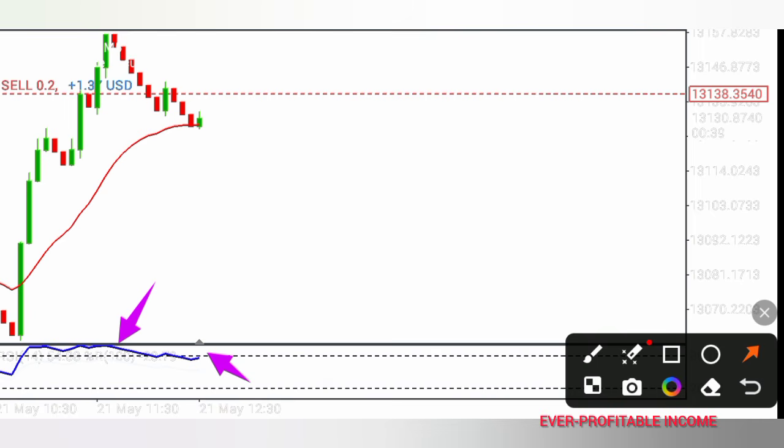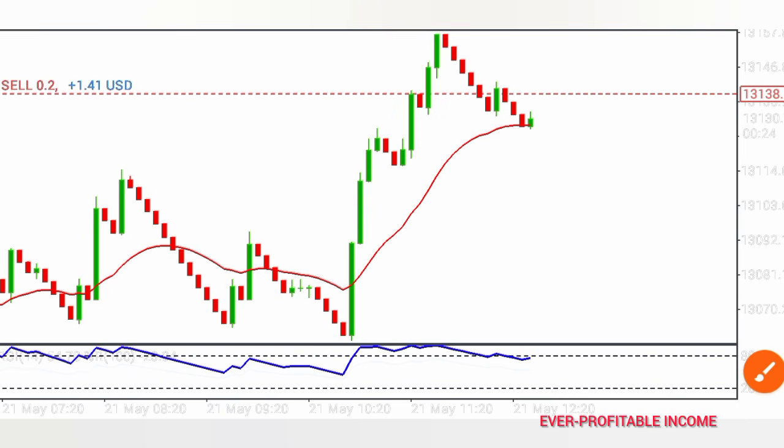In order for us to get an entry, we have to ensure that our indicator, which is the blue line we are seeing right here, has reached level 100. When it has reached level 100, you don't just jump into the trade.